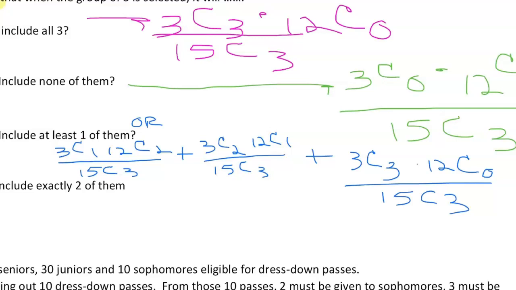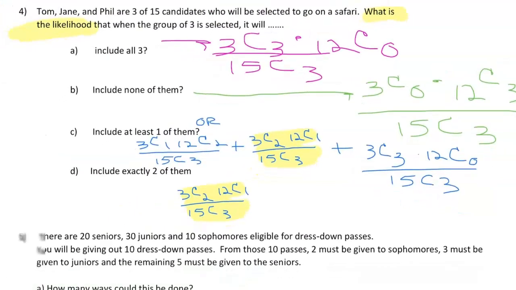So exactly 2 of them is going to be this. Let me copy and put that right there. Okay, that's exactly 2. So hopefully that helped. And the key is the word likelihood means it is probability.